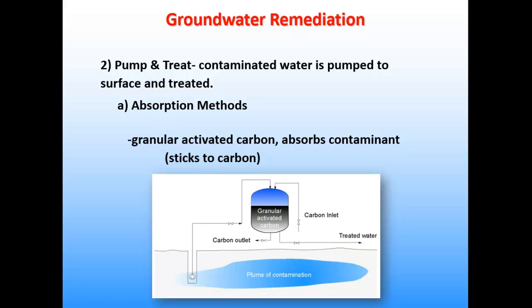But a lot of the methods that we do are some form of what's called pump and treat. And this is the idea that we know the direction, remember, and we know how fast it's going, so I can drill wells to pull water out and then treat it in some fashion. And that can be treated in a variety of ways. It can be filters.